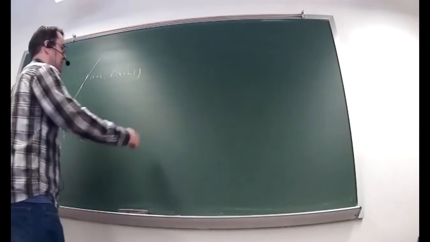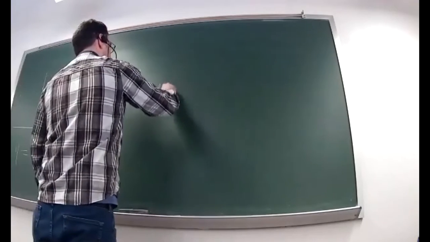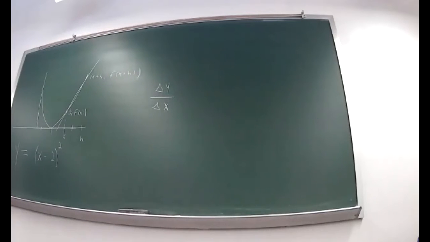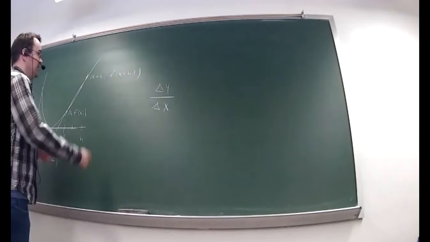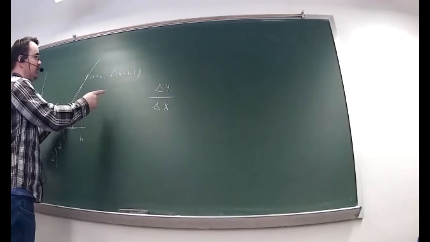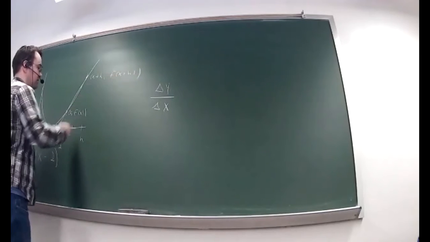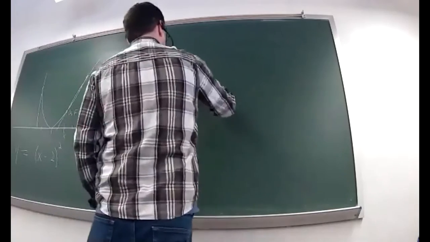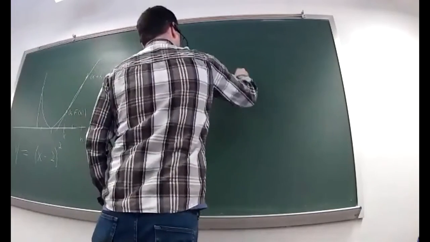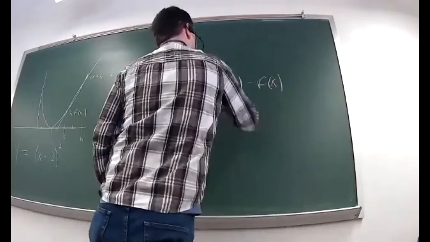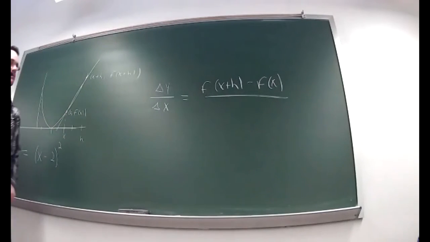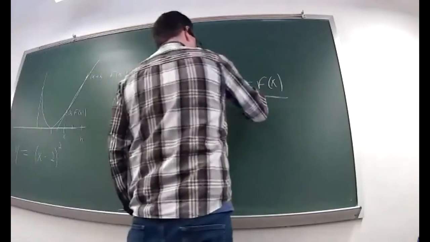And the slope of the secant line is determined by the difference of the y values divided by the difference of the x values. So f of x plus h minus f of x divided by x plus h minus x, which means just divided by h.